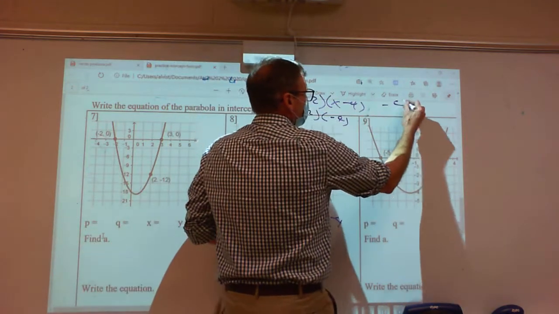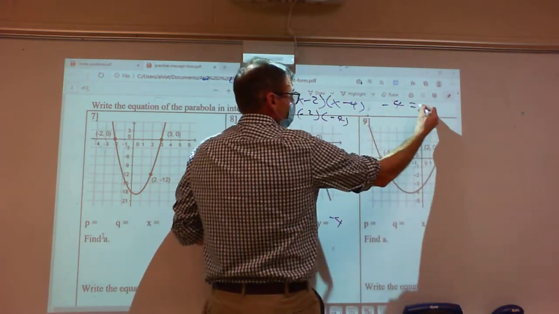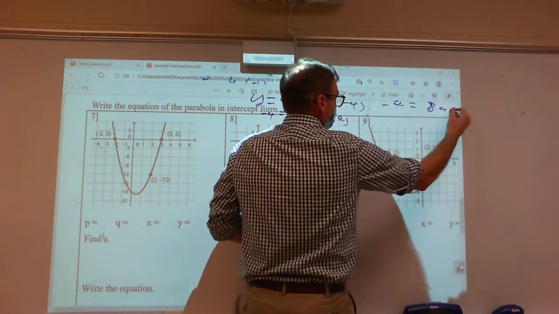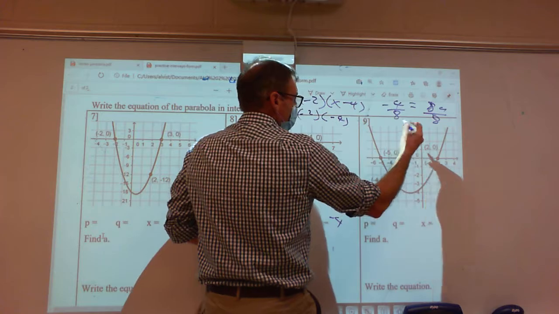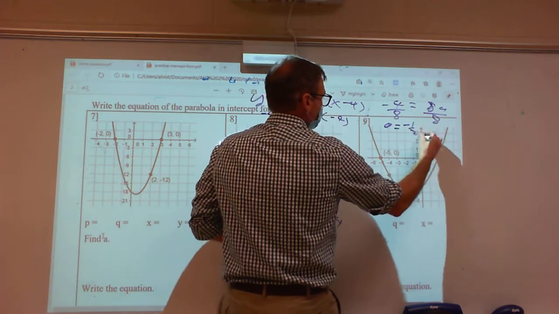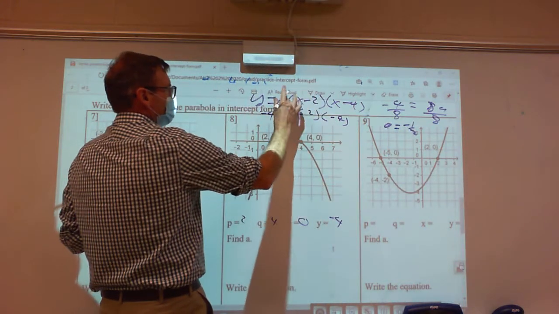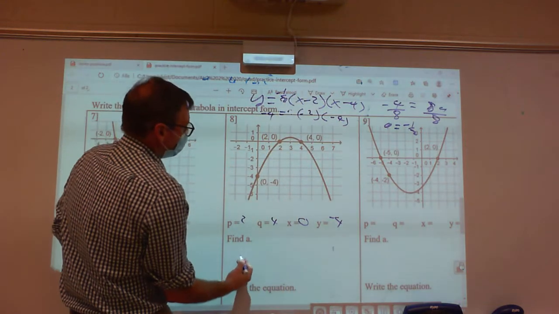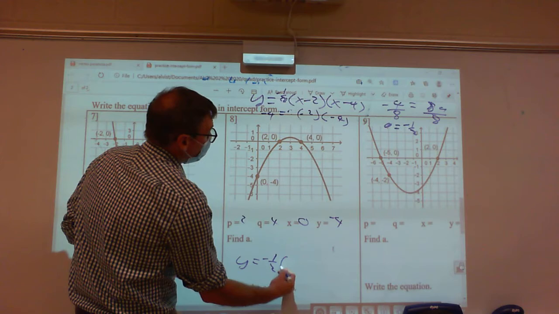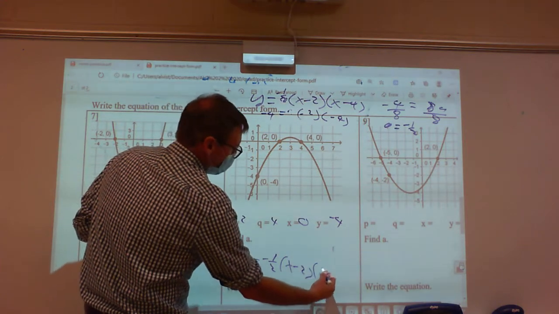So I end up with negative 4 is equal to 8a. And when I divide both sides by 8, I end up with a is equal to negative 1/2. So my answer is going to be y is equal to negative 1/2 times x minus 2 and x minus 4.